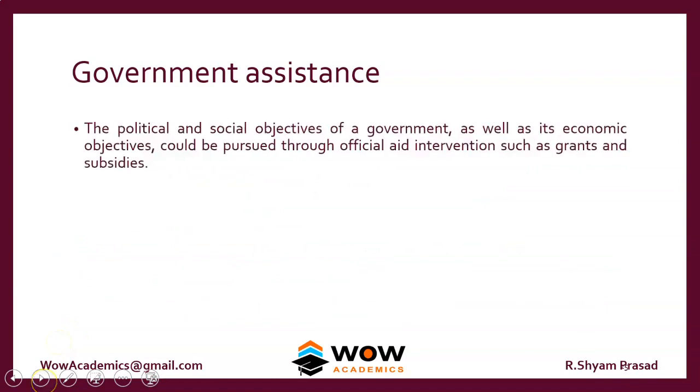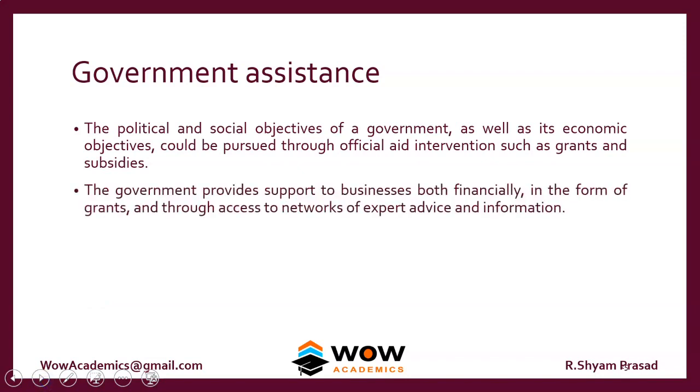The government not only penalizes bad companies, but also tries to help good companies. Good companies are those which help in the political and social objectives of the government. Any company which helps in the political and social objectives of a government will be helped by the government. So how do they do that?